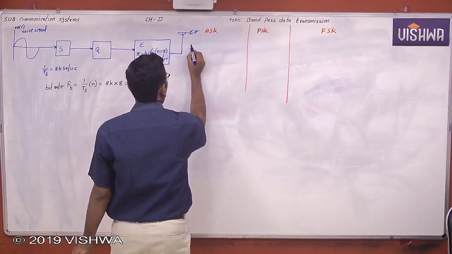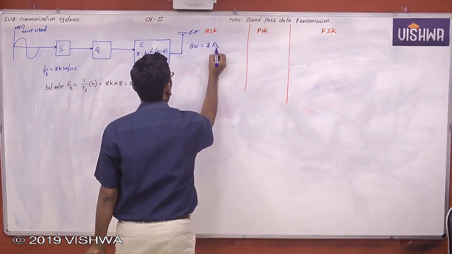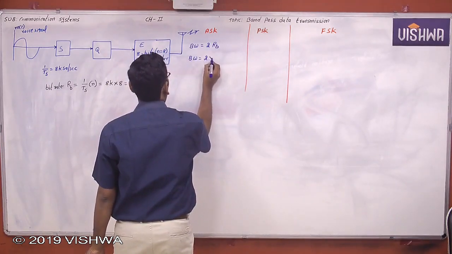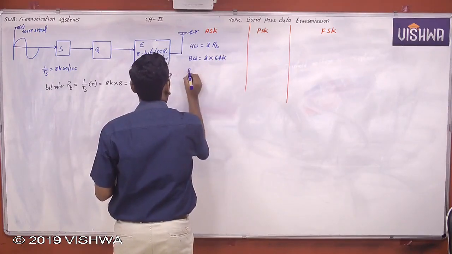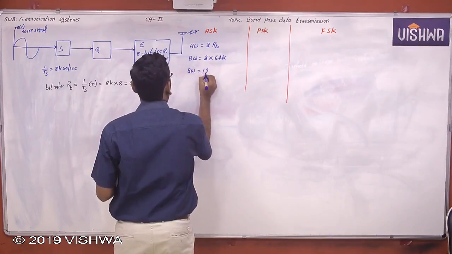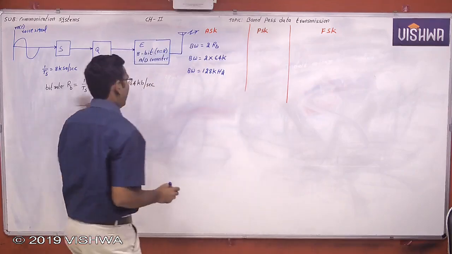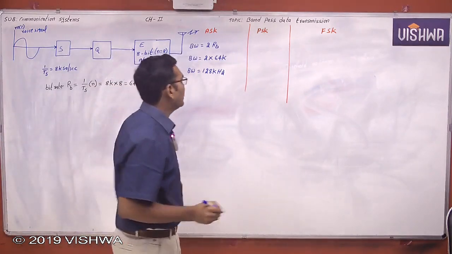Now the bandwidth in ASK is twice the bit rate. If it is amplitude modulation, the bandwidth required is twice the bit rate, already calculated as 64 kilo for PCM. So the bandwidth is equal to 128 kilohertz, required to transmit this information with amplitude shift keying.